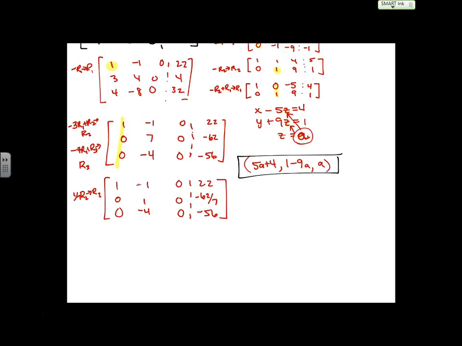Now get our zeros by multiplying by the opposite. So for row 1, aren't they already opposite? So you just do row 2 plus row 1 into row 1. For the bottom one, we need 4 times to cancel out the negative 4.